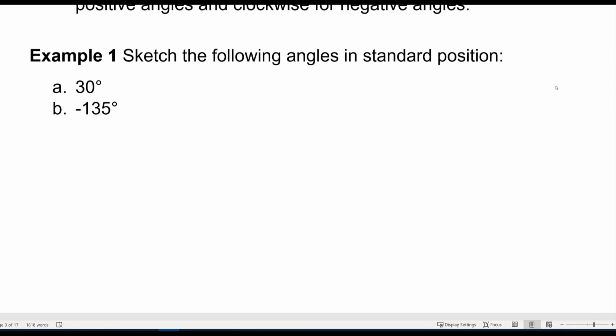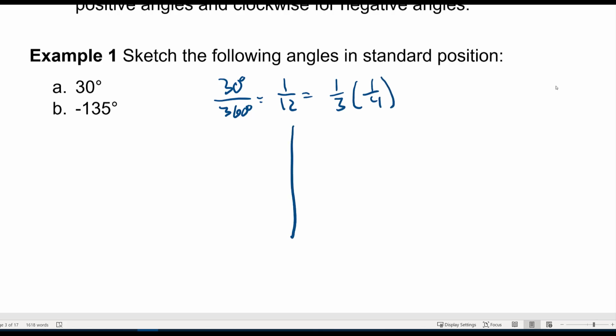Okay, so for the first one, we have 30 degrees. 30 degrees over 360 degrees is 1/12 of a circle. So let's rewrite the fraction as something more familiar. We could think of this as 1/3 of 1/4. Now, how does that help us?